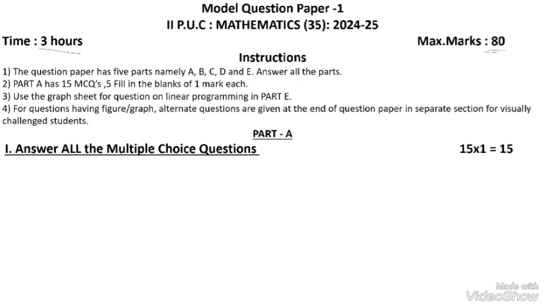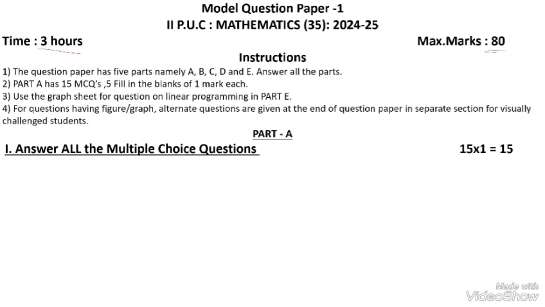First, the instructions. Read the instructions. The question paper contains 5 parts, namely A, B, C, D and E. All parts are compulsory, so you have to solve all the parts.